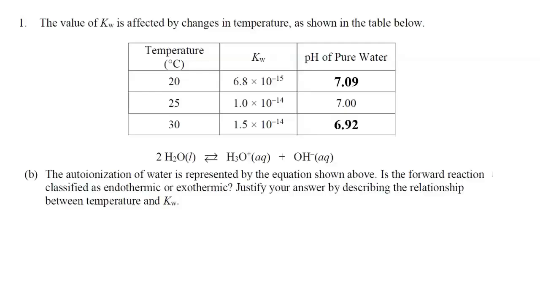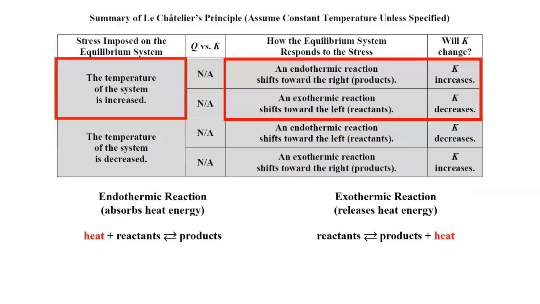In one of my previous videos for Unit 7, Equilibrium, when I was talking about Le Chatelier's principle, I mentioned that when you change the temperature of the system, then the value of K will be affected. So take a look at these examples. If you happen to have an endothermic reaction and the temperature of the system is increased, then the equilibrium system will shift from reactants to products, from left to right, and this will cause the value of K to increase.